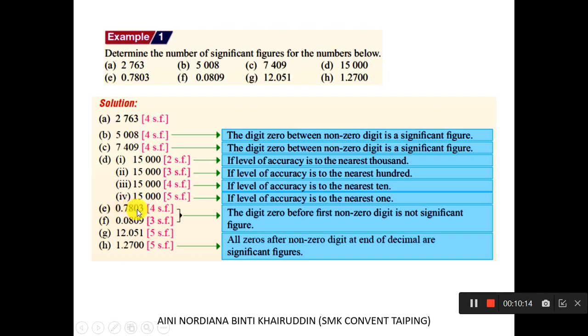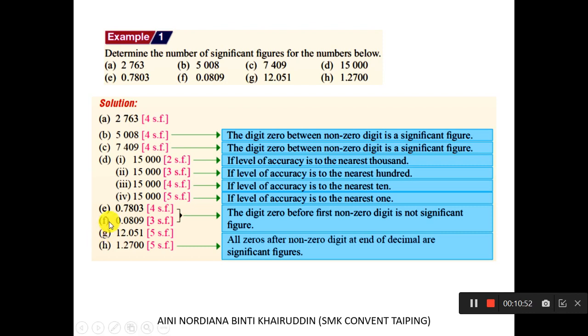As from the previous slide, I said that the 0 digit before the decimal point is not significant. So for this example E, the significant figures are only 4, starting from 7. So 1, 2, 3, 4. Alright, so the 0 before the decimal point is not significant.